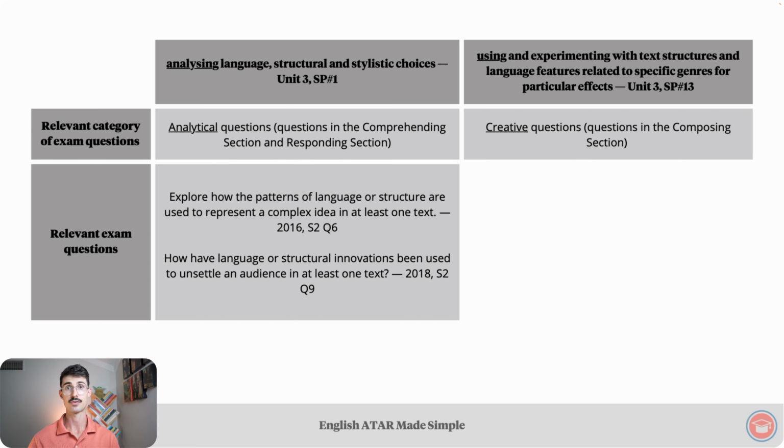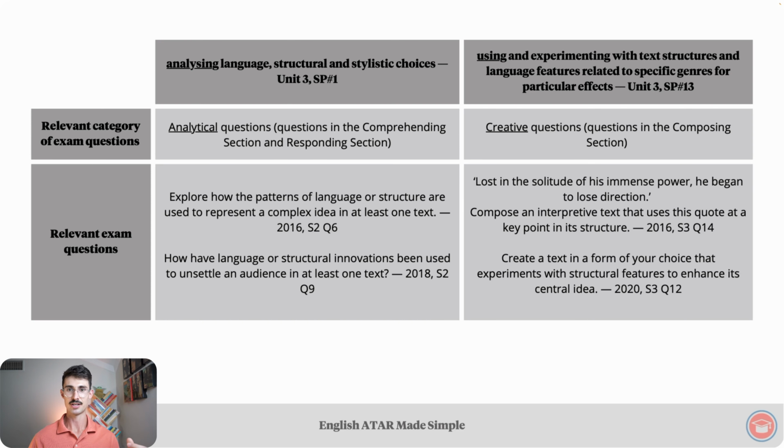How about examples of creative questions? Firstly, "Lost in the solitude of his immense power, he began to lose direction." Compose an interpretive text that uses this quote at a key point in its structure. Another one: create a text in a form of your choice that experiments with structural features to enhance its central idea. To tie this up in a nice little bow, what is the rationale for me putting these questions over on the analytical side and the other 2 questions over on the creative side?